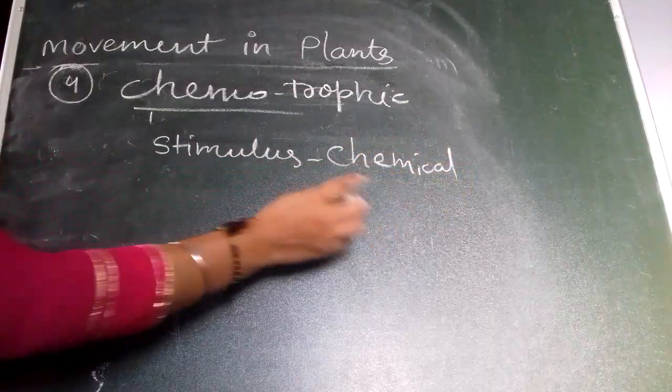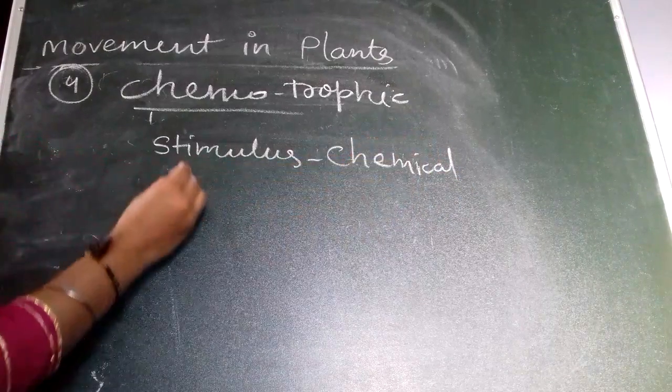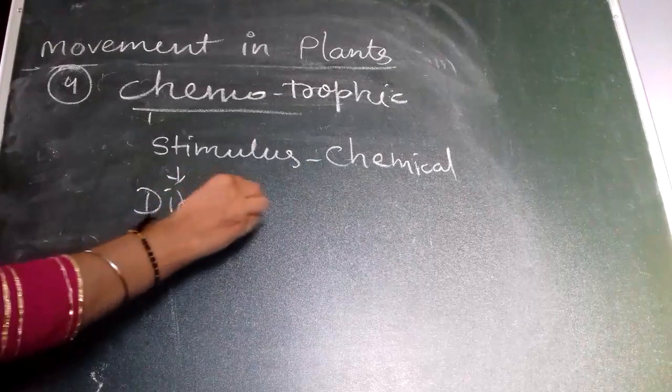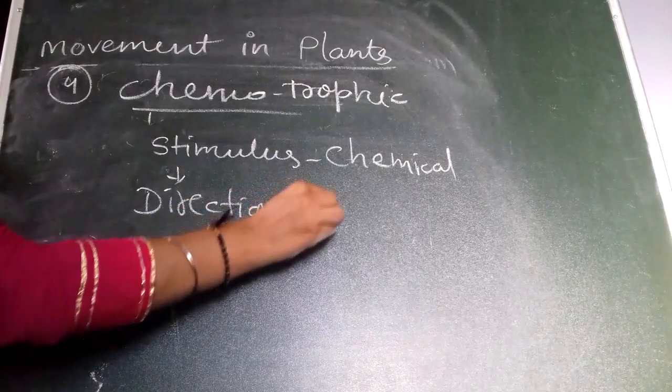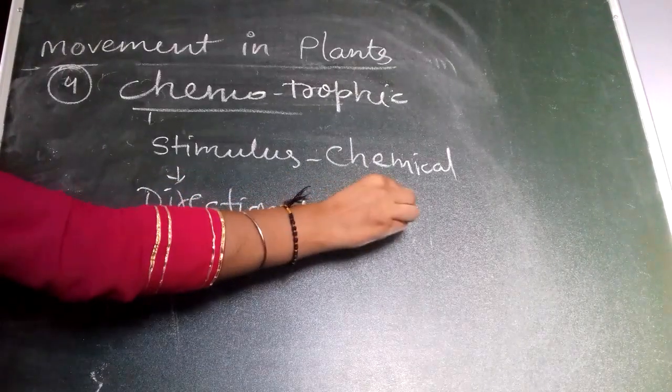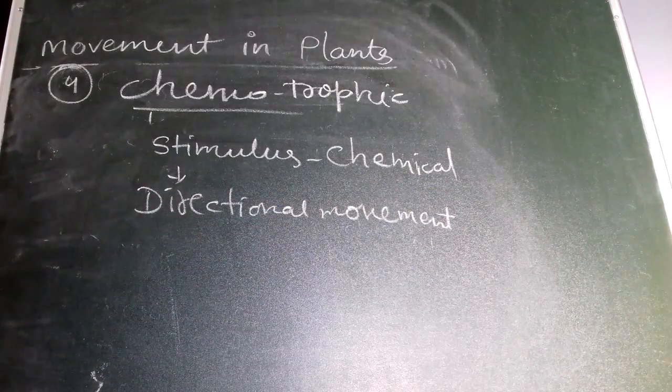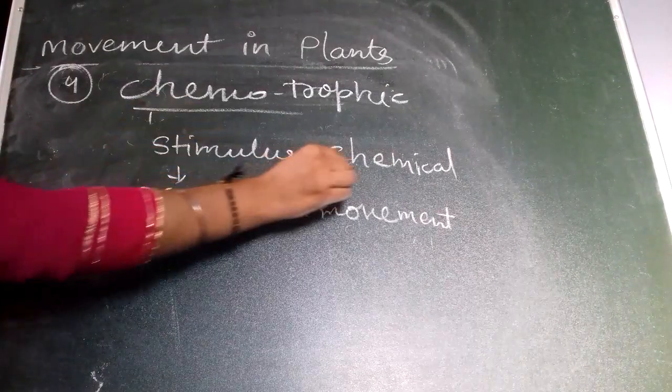If the trigger or stimulus is chemical, then the directional movement shown by the plant is known as chemotrophism or chemotrophic movement. Here the word chemo is related to chemical.